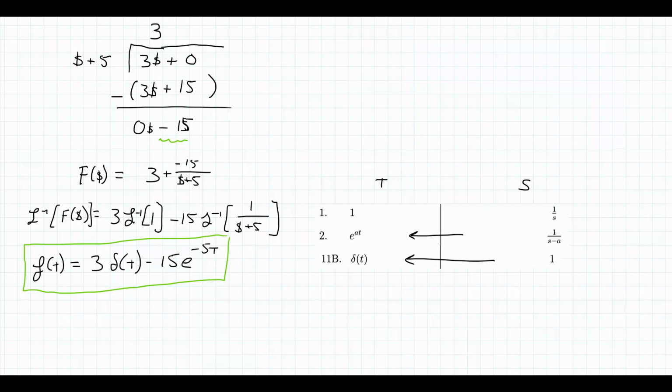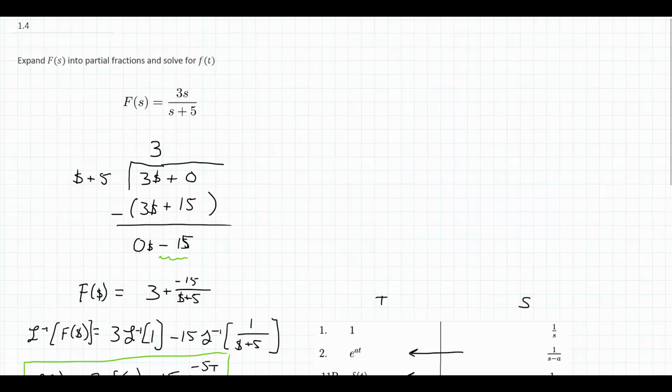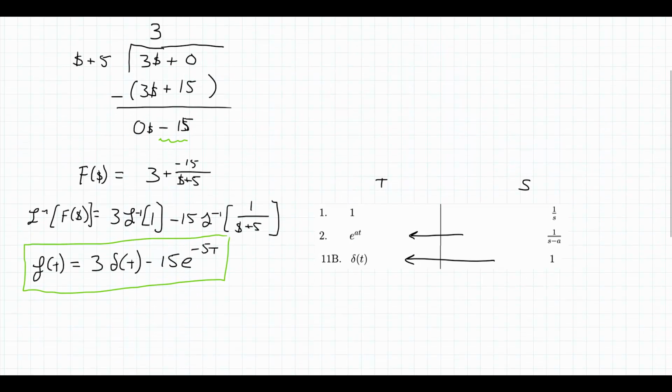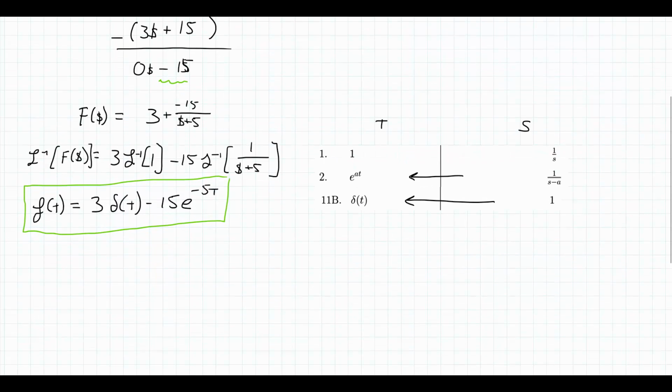Using Laplace transform, this is how we can go from what was given to us, first degree on top, first degree on the bottom, which doesn't appear on the Laplace transform table, and using an algebraic technique, in this case just polynomial division, rearrange it into 2 terms, each of which does appear on the Laplace transform table, so that we can get our closed form solution in the time domain.